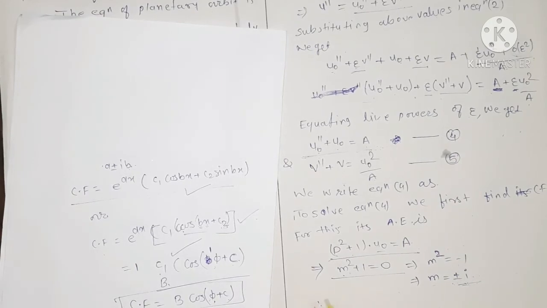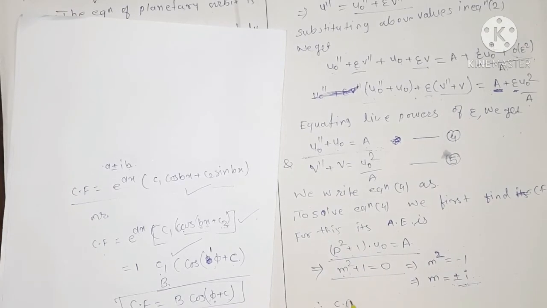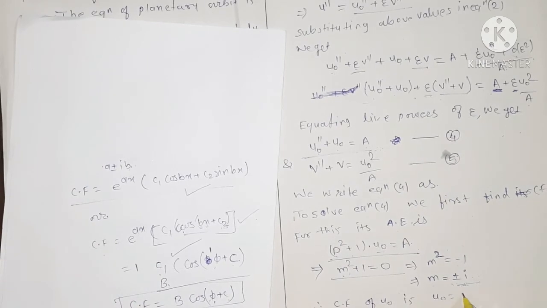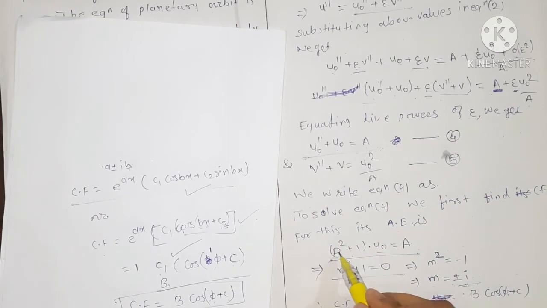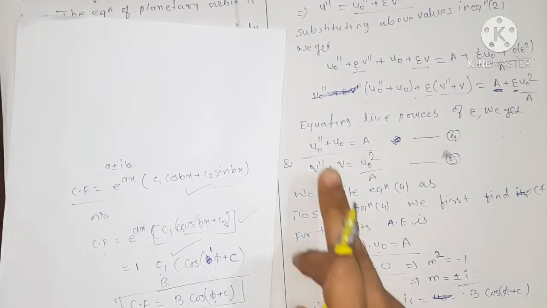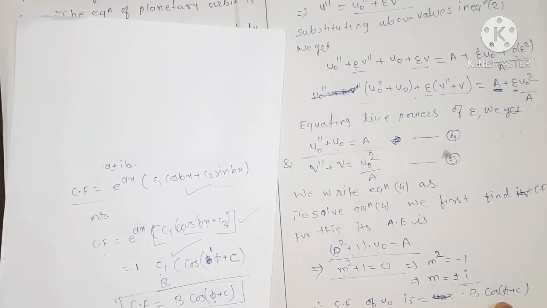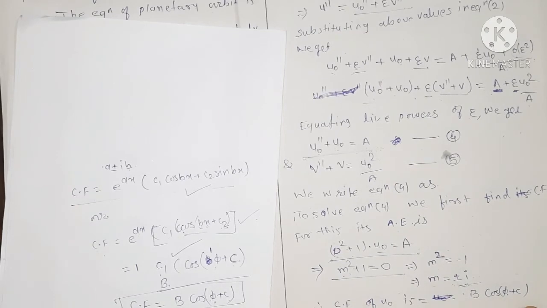Therefore the complementary function of u0 is u0 equals b cos of phi plus c. By solving this differential equation, we get the complementary function as this.